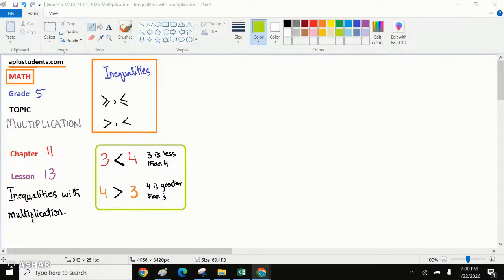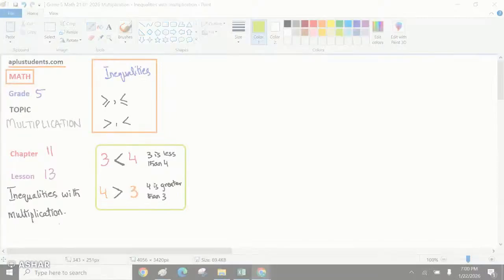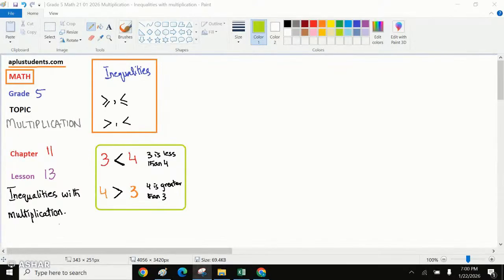Okay. The first question says, which sign makes the statement true? For question number 1, this is the statement given to us, and they're asking which of these signs will make the statement true.